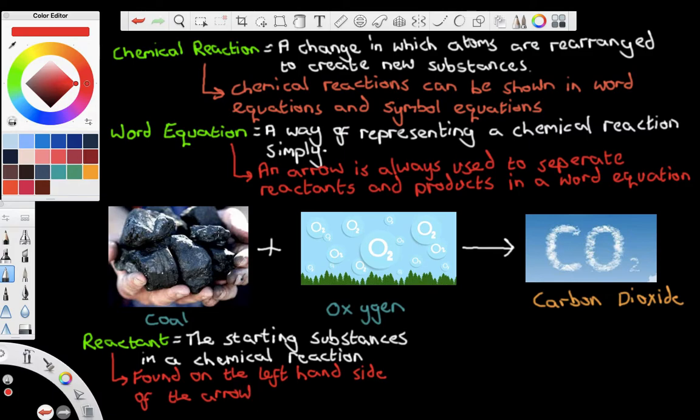Now, in the case of this reaction, coal and oxygen are our reactants.